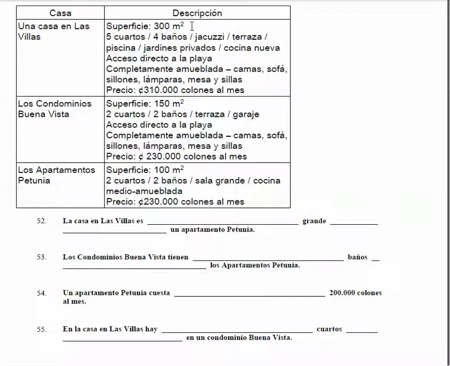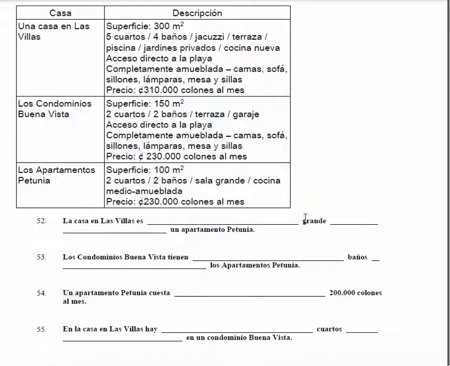So if you look at la casa en las villas, it's bigger than apartamentos petunia. So that's what you would need to plug in. What words are missing so that this sentence reads that la casa en las villas is bigger than un apartamento petunia? Okay, does that make sense? So that's the inequality.